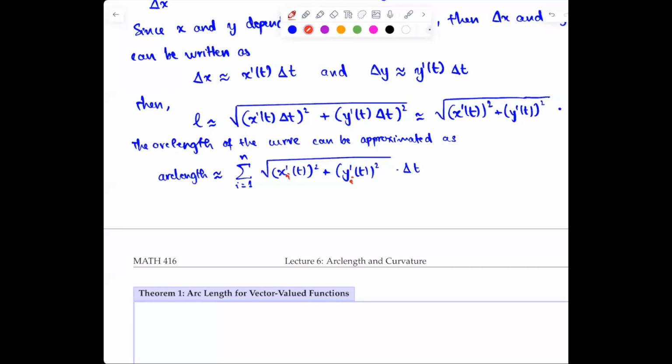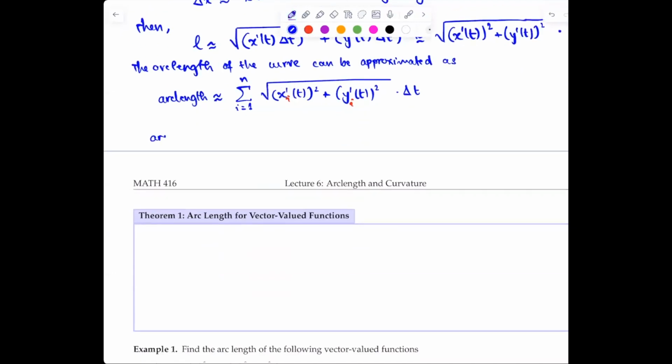And again, to increase the accuracy of the approximations, you take the limit as n goes to infinity. So the arc length now becomes the limit as n goes to infinity of the summation for i going from 1 to n of the square root of x sub i prime of t squared plus y sub i prime of t squared, times delta t.